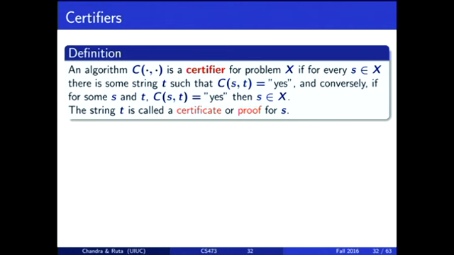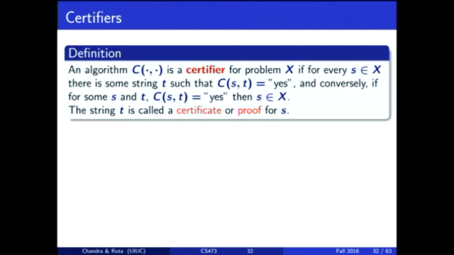SAT is basically all formulas, and some of them are satisfiable, some of them are not. Our goal is to find an algorithm which, given a formula, will say yes or no. Now, NP is a little tricky for precisely this subtle reason, which is glossed over.